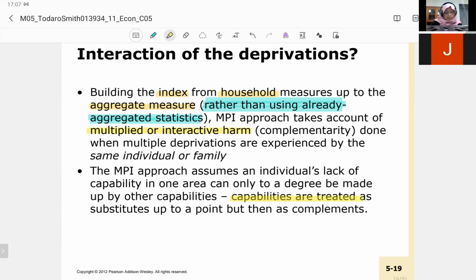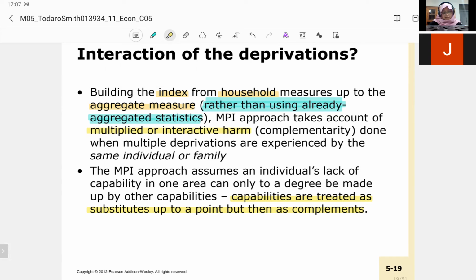So I think we have talked about this before. So with the MPI, when someone lacks in one ability, like for example, lack in health or lack in education, then it cannot always be substituted with another.